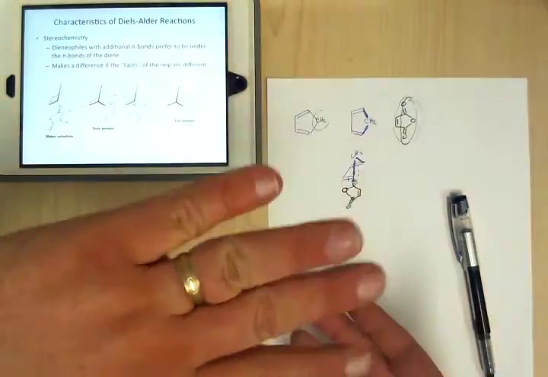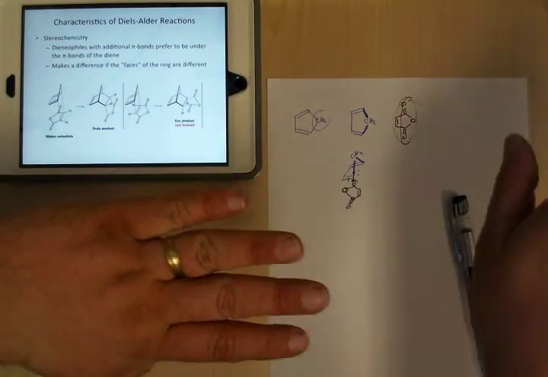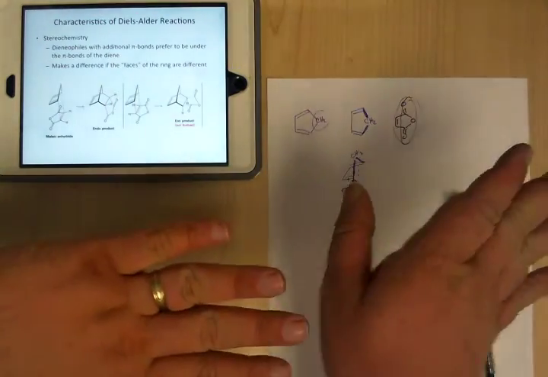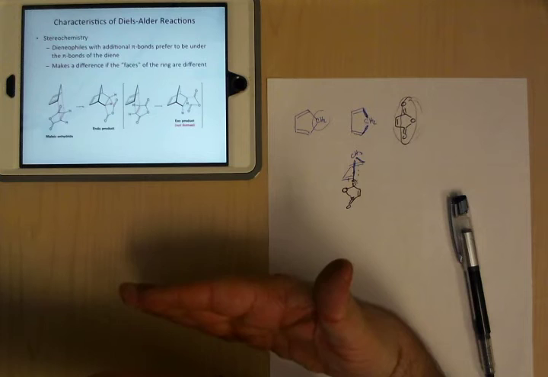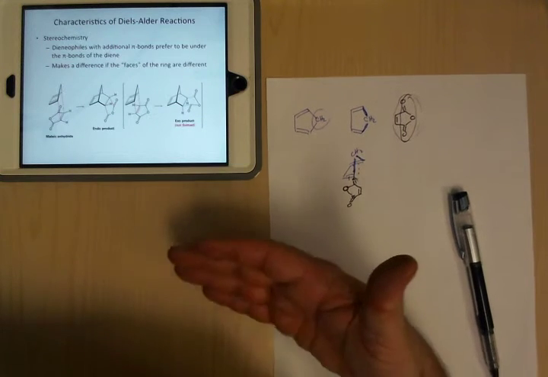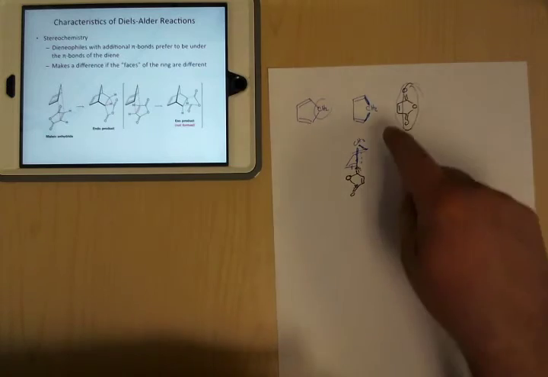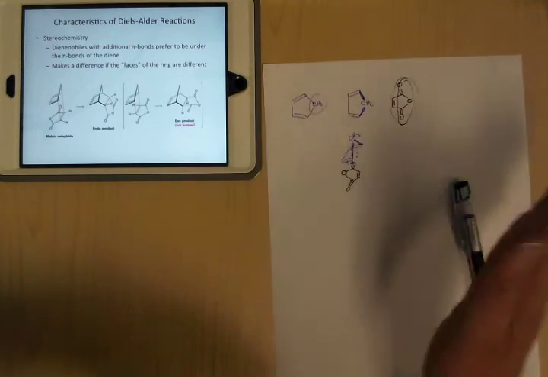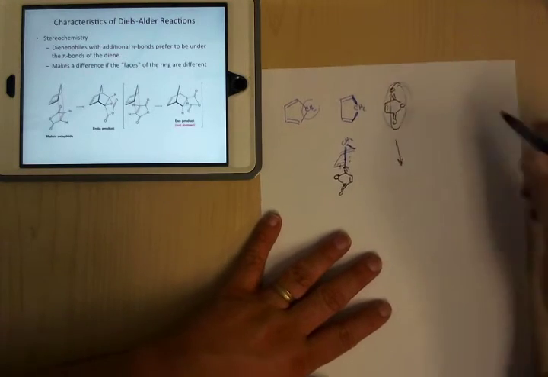If the diene is up here, instead of attacking like this, it actually curls underneath, because you get what's called pi stacking. These pi bonds like to interact with these pi bonds, and so it curls around like this. And so what you actually end up getting is only a single product.